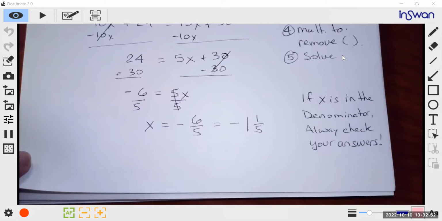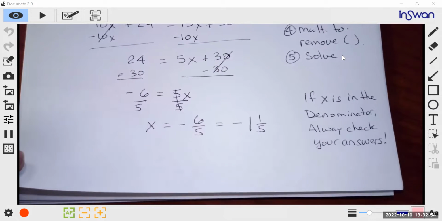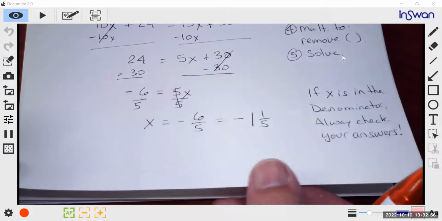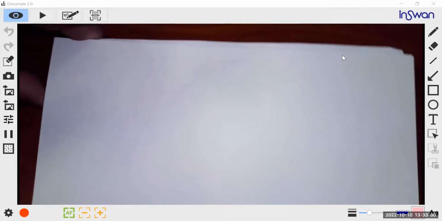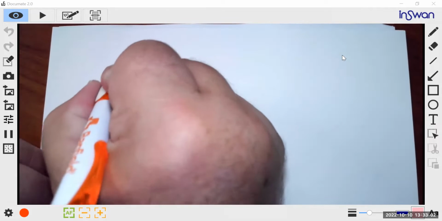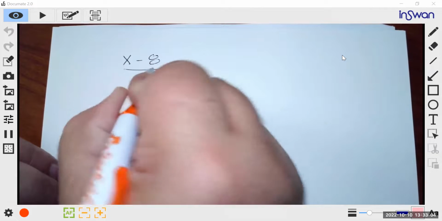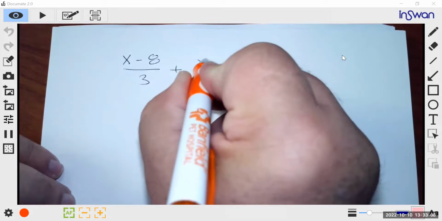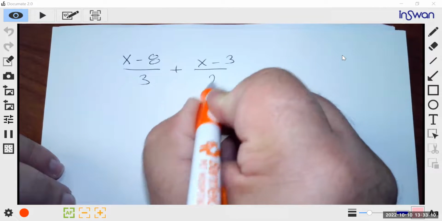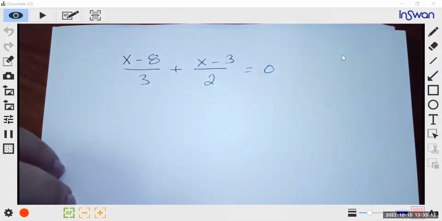Let's try another one. X minus 8 over 3, x minus 3 over 2. Go.